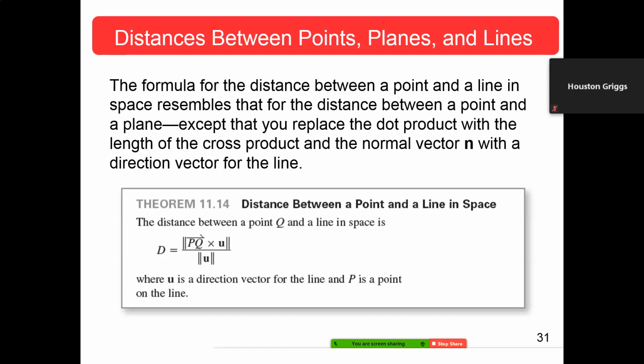The point Q that's not on the line and a line in space, the cross product between the vector PQ, P being on the line, Q being not on the line, and the direction vector for that line, which has the direction numbers as its components, where U is the direction vector of the line, P is a point on the line, Q is a point not on the line. This is the distance between those.